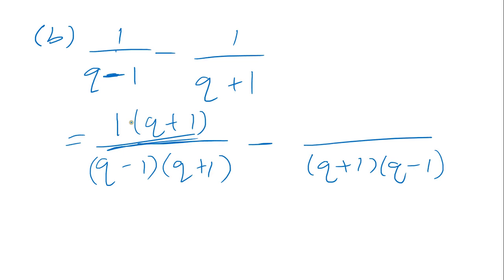Now it's the same value because that cancels and gives you what you start with. And the same thing here. We can do 1 and then keep up q minus 1. So now we have q plus 1 minus this whole thing.